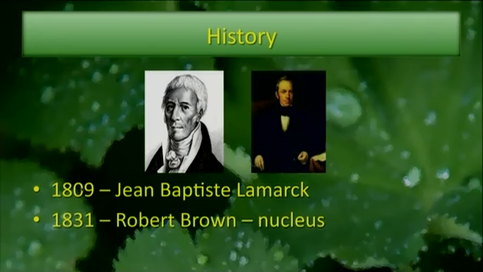Now in 1831, Robert Brown, after whom Brownian motion is named, was the first to observe a nucleus, and he stated that the nucleus existed in all cells, at least all the cells that they had observed up to that time.